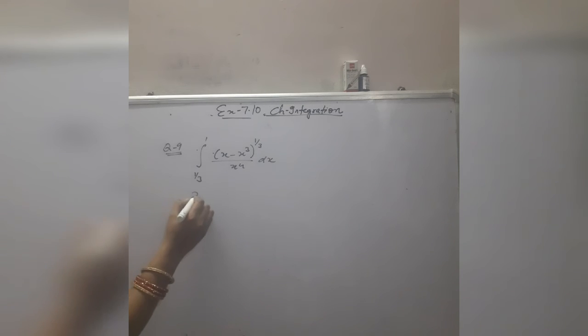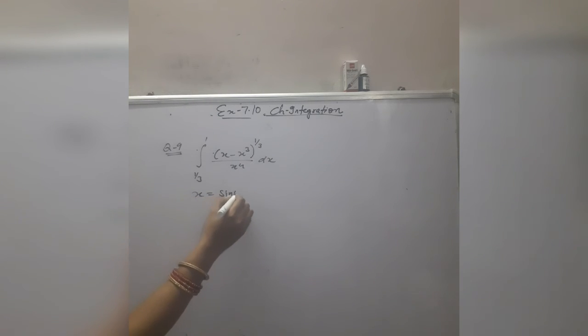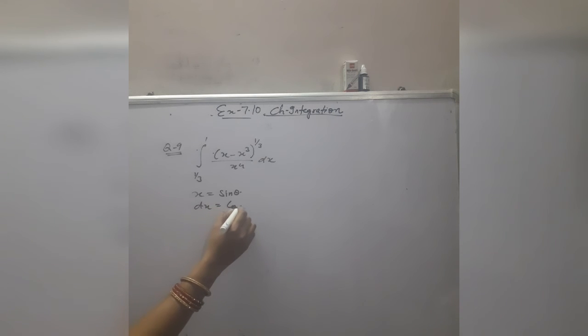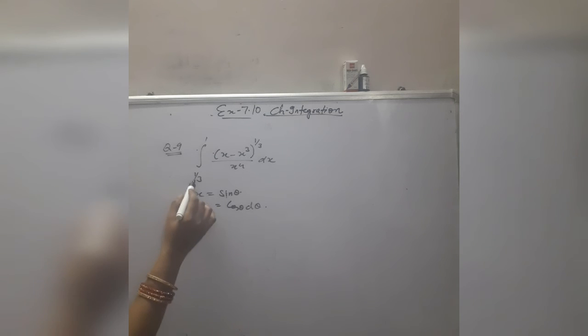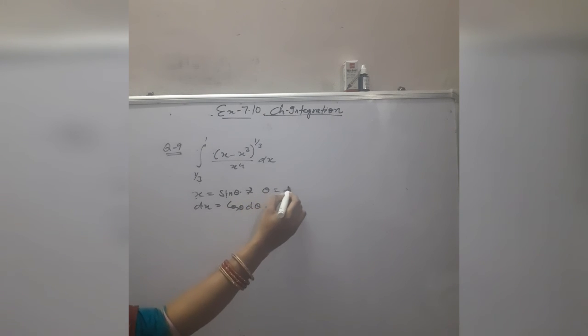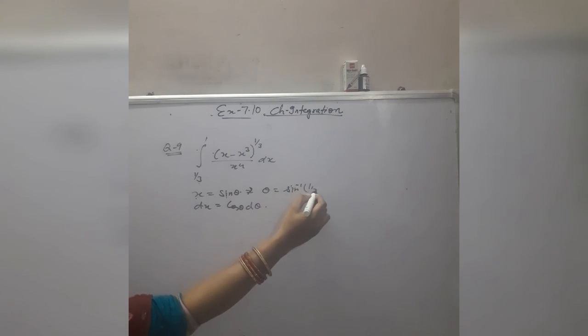Firstly in this function we will put x is equal to sine theta. Then taking the derivative on both sides, dx is equal to cos theta into d theta. And the limits also will be changed according to this. If x is equal to 1 by 3, then what will be the lower limit? In this case the lower limit will be theta is equal to sine inverse 1 by 3.